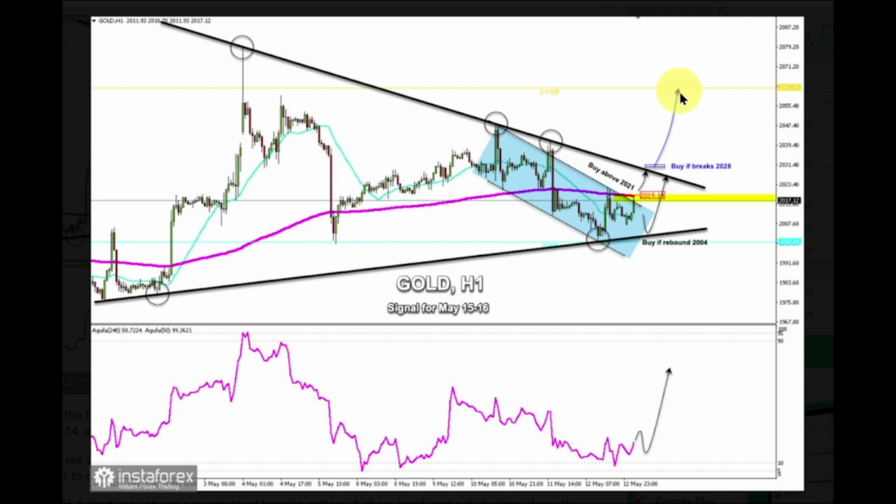In case gold falls below 2020, the 200 EMA, it is expected to reach the area of 2004, which coincides with the bottom of the symmetrical triangle, and this could be seen as an opportunity to buy with targets at 2025.